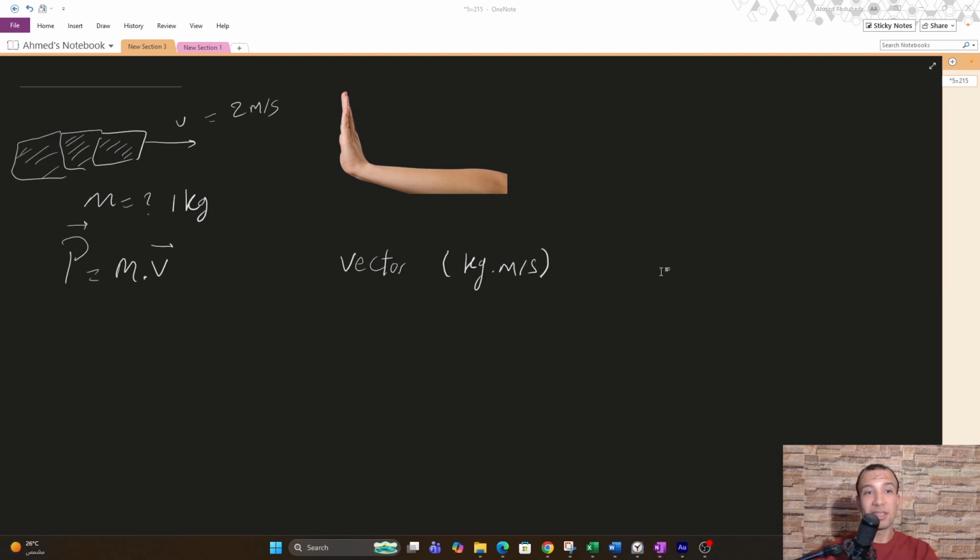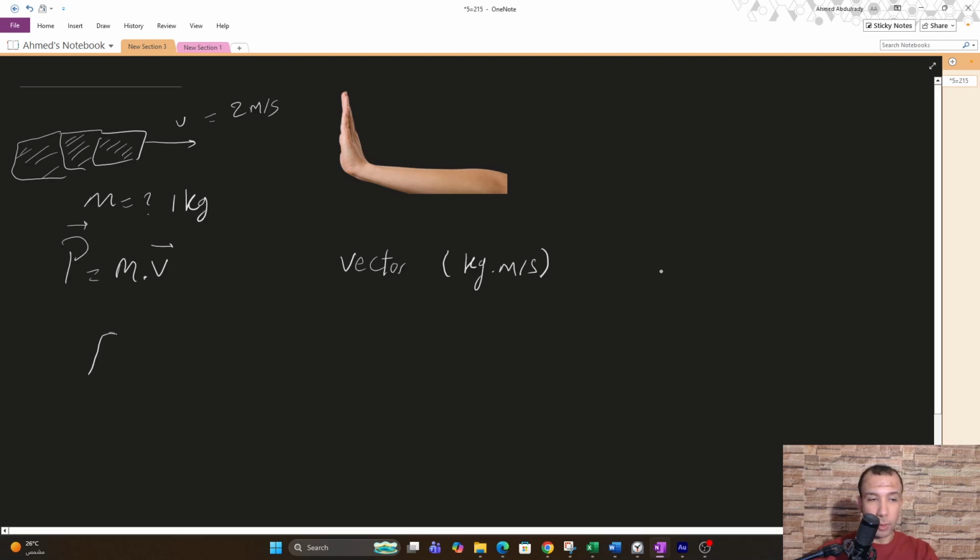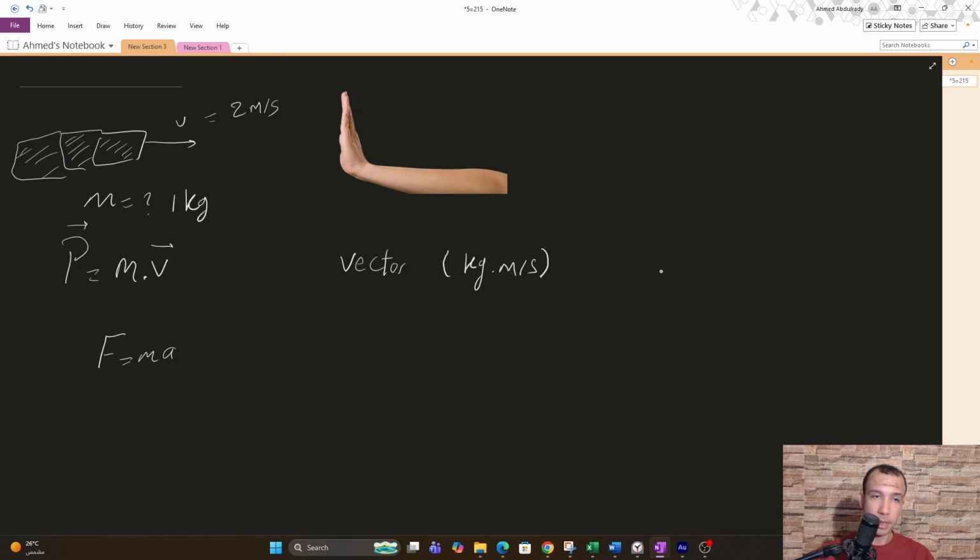Now let's talk about stopping this object. Let's start with one of the most fundamental formulas in physics, which is F equals ma. What does that mean? If you have an object with a mass of m, and you act on the object with a force of F, if this mass is big, you will have a smaller acceleration.